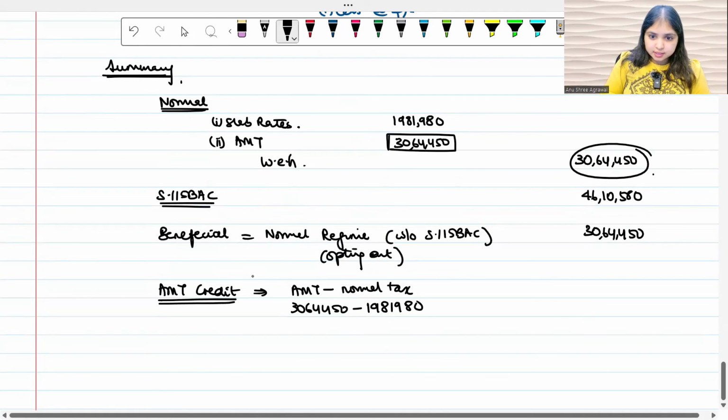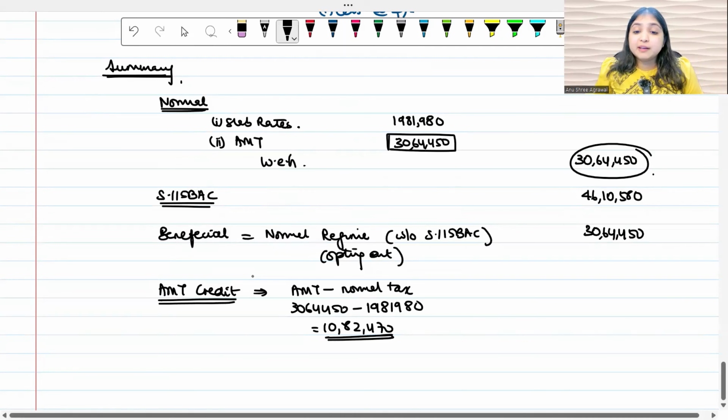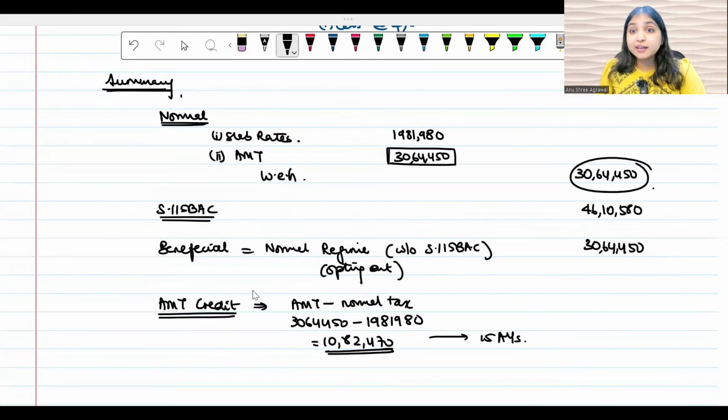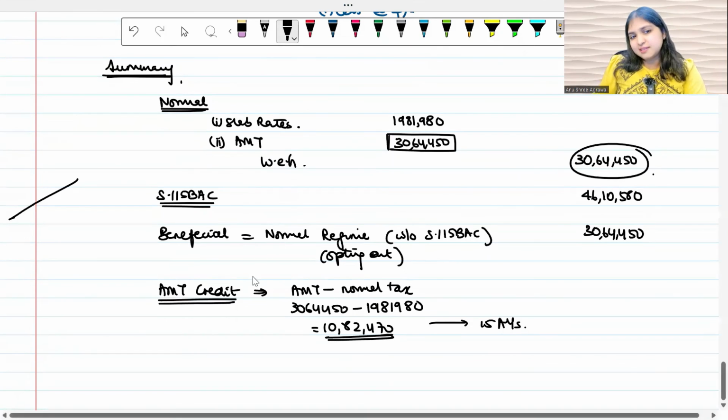The difference here is 10,82,470. This much is going to be the AMT credit, which will have a life of how many years? Which will have a life of 15 assessment years. Perfect. So this is it about our entire discussion with respect to this question. So if you look at your ICS study material, the question is actually not same as ICS study material question.